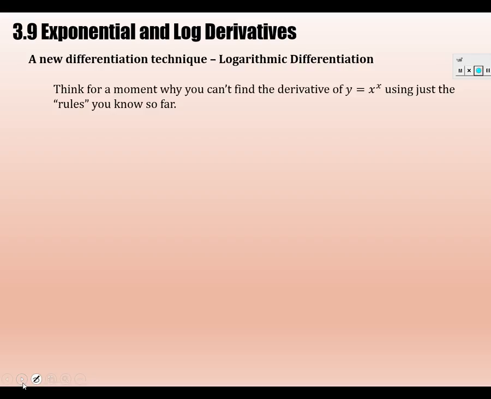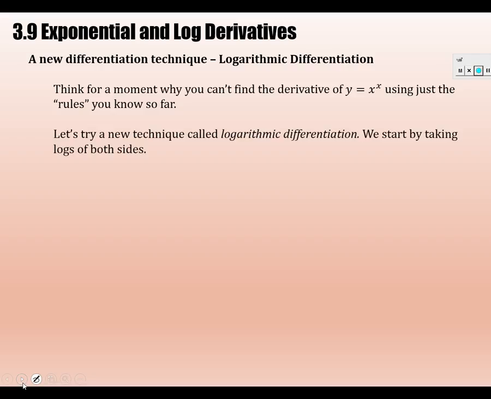Y equals x ln x. I mean, this is the spirit of what we're about to do, but I don't agree with everything you just said. We're going to take logs on both sides. Anytime we're in this sticky situation where we have stuff all up in powers, logs come to our rescue, don't they?